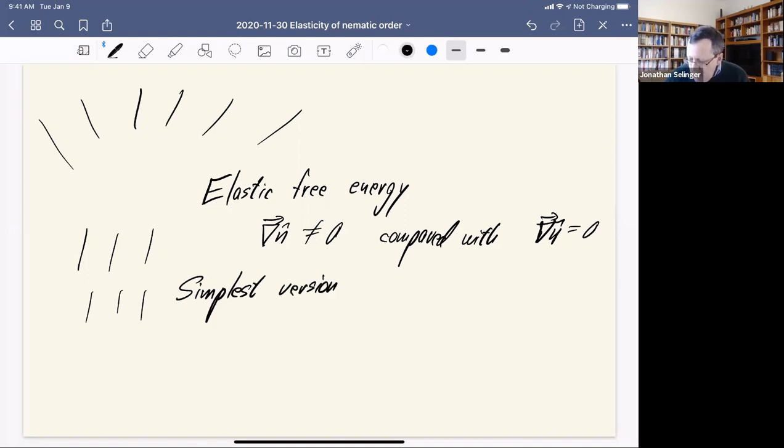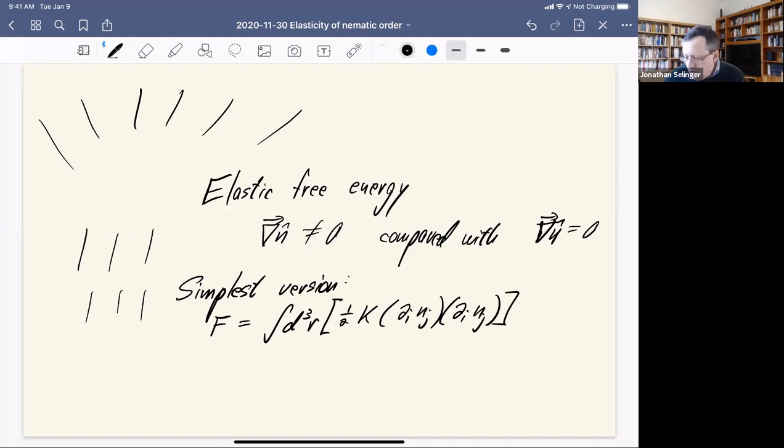In the simplest version, we would say the free energy is an integral over the entire volume of the liquid crystal, and the free energy density is 1/2 of an elastic constant times the sum of all the possible derivatives of the director squared.